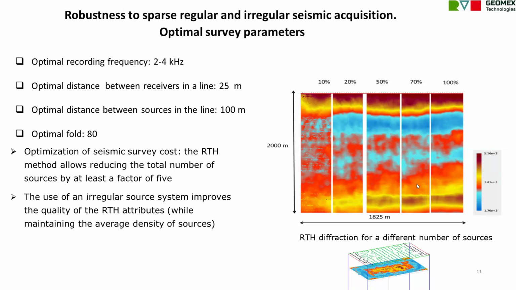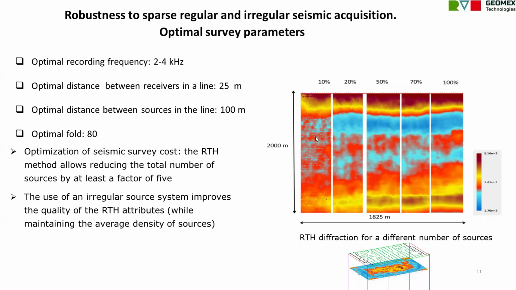This example shows the stability concerning the sources. At the right part, we can see this is 100% of sources. We use 100%, about 400, I think. This is 70%. This is 50%. Half of the sources we remove.